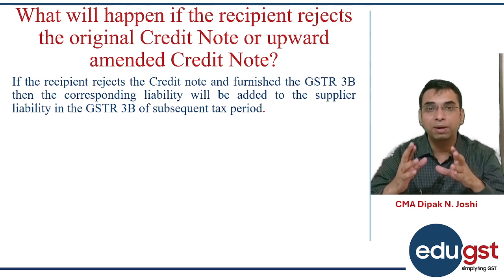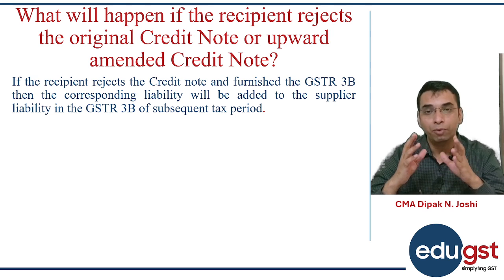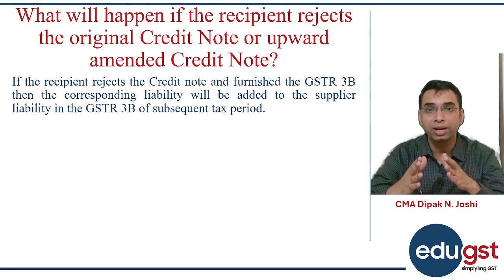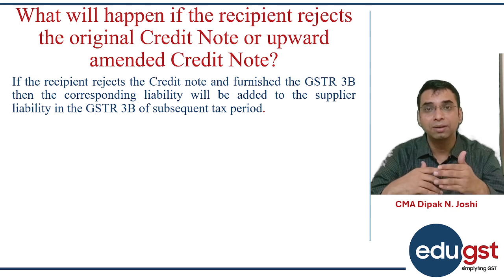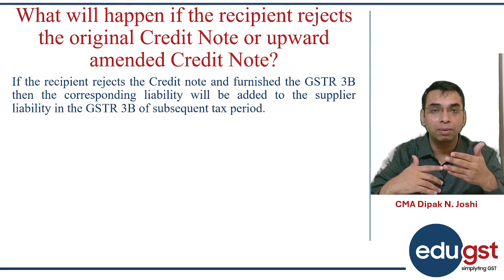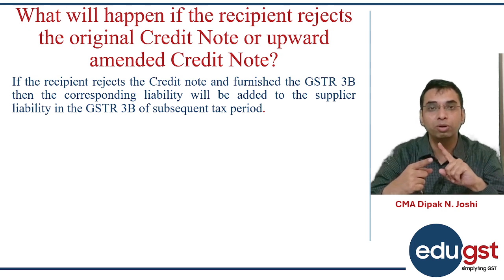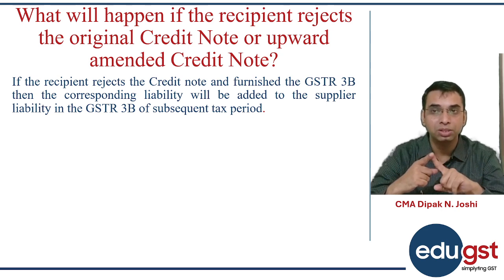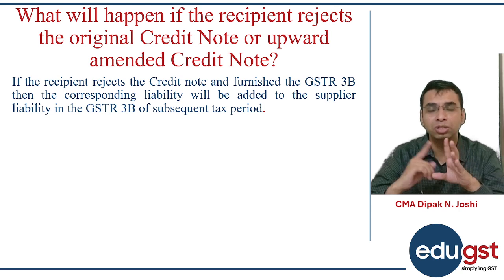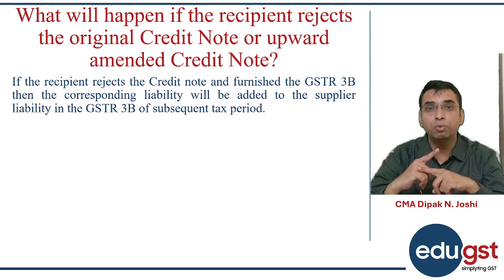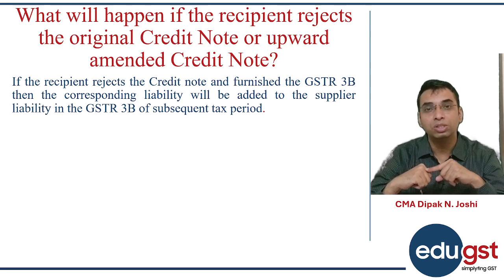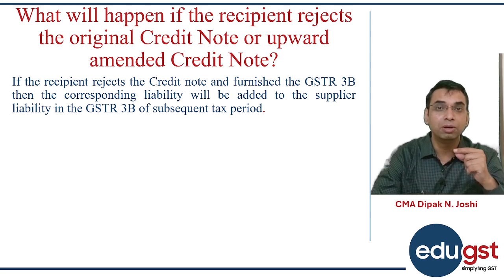Law is important, but functionality of portal is also important. Whether this functionality is lawful or not, that is another matter, because there is no governing provision as of now which governs this IMS facility, right? But maybe in future, because in case of GSTR 2B also, if you remember, GSTR 2B was launched by the portal somewhere in January 2021, but the governing provision, that is section 16(2)(aa), was introduced by the government with effect from 1st January 2022.